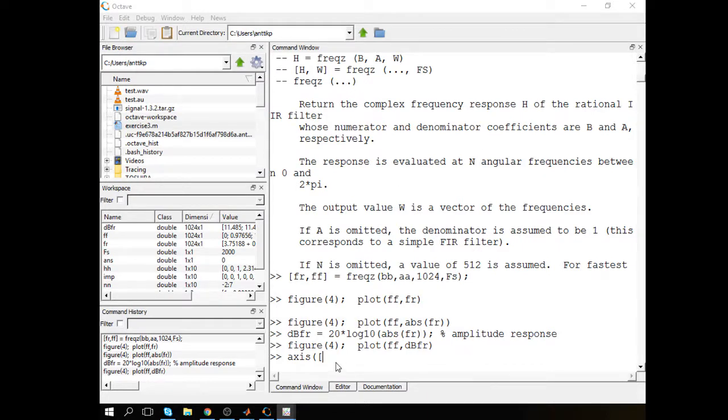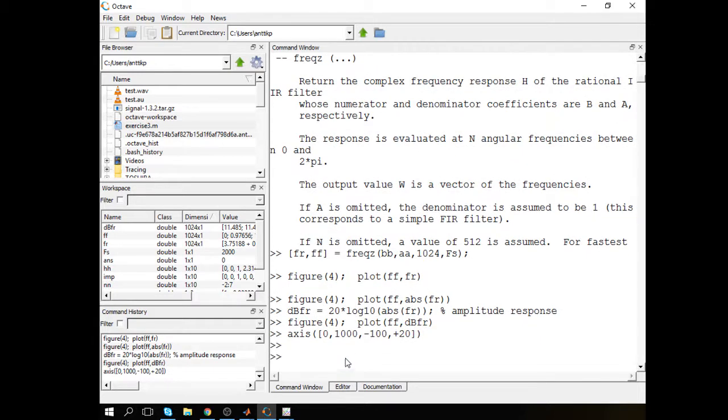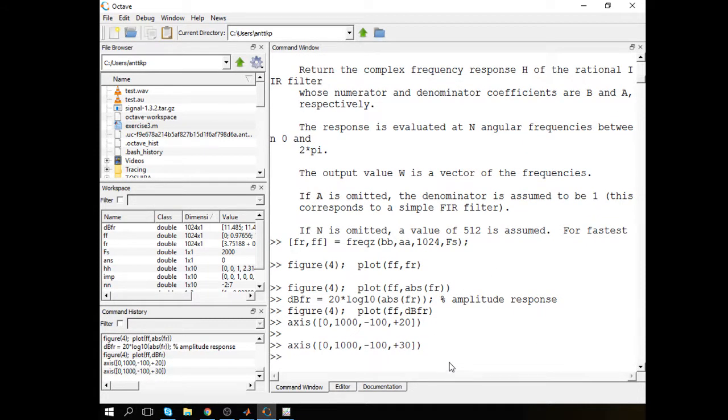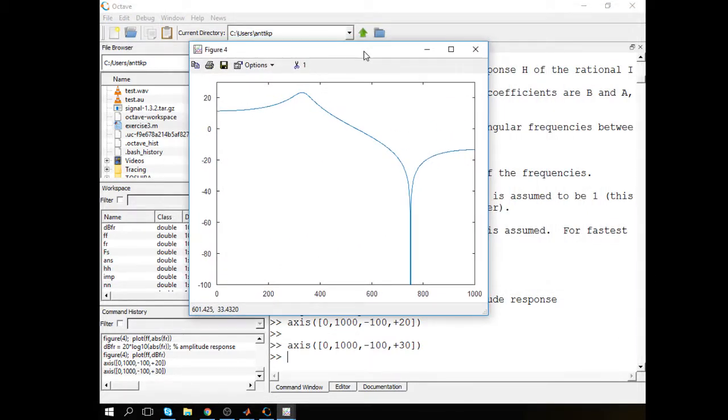Axis from 0 to 1000, and from minus 100 to plus 20 dB is enough. Well, maybe 30. Scaling a little bit will show actually that kind of thing.